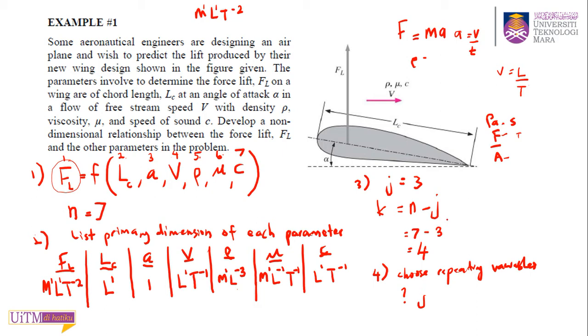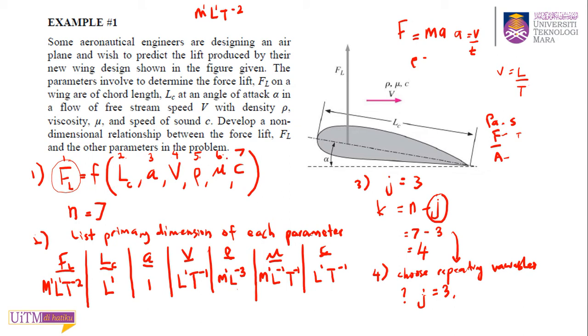J. Okay. Your J will determine how many repeating variables you need to choose in step 4. Remember this. So you have J as 3, so you have M, L and T. So you need to choose 3 repeating variables from these 7 parameters. You get that?